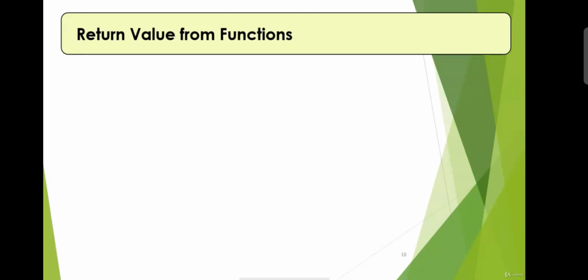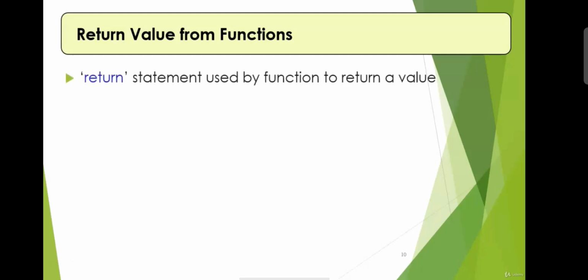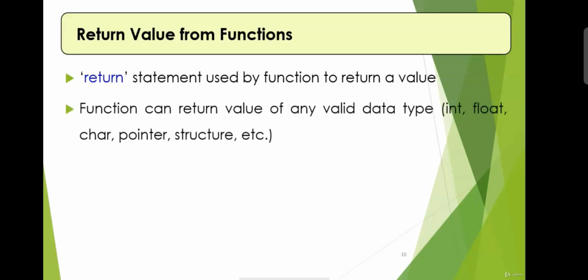Let's discuss return values in more detail. The return statement is useful in functions to return a value. A function can return a value of any valid data type, for example integer, float, character, pointer, structure, etc. Very importantly, a function can return a maximum of one value.